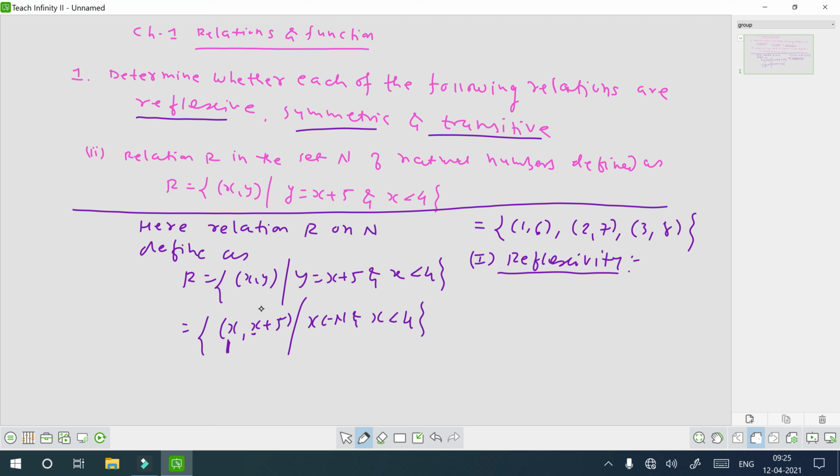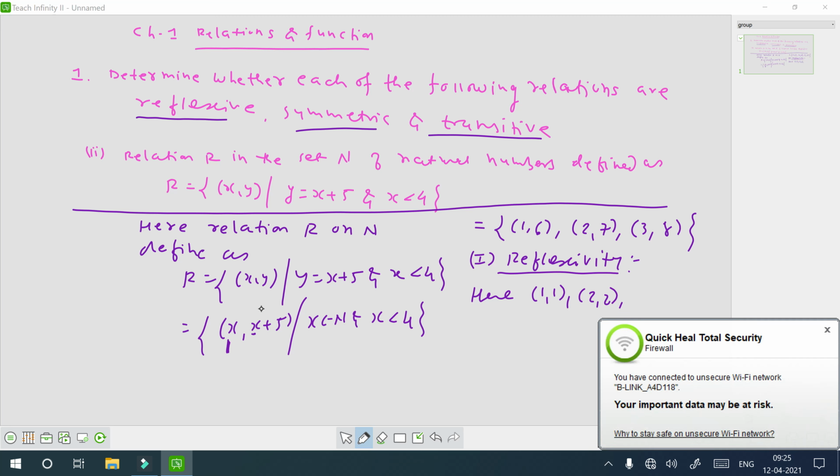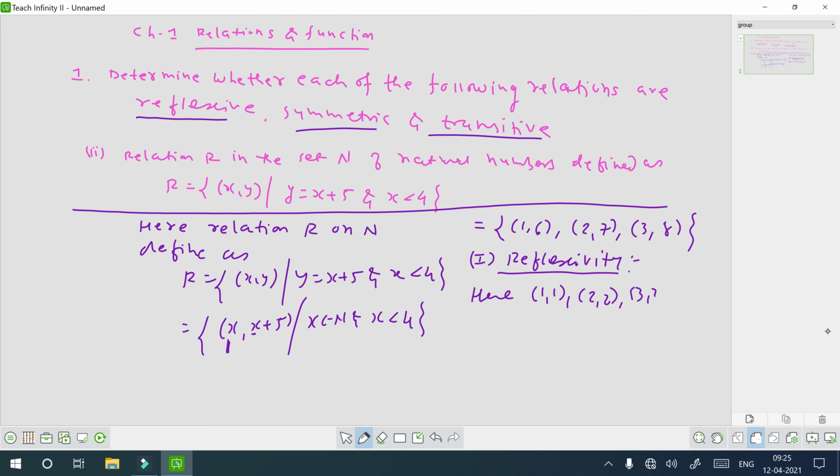Now see, here you can see that 1 1 is not there, 2 2 is not there, as well as 3 3 is not there. They are not in R. And therefore, R is not reflexive.